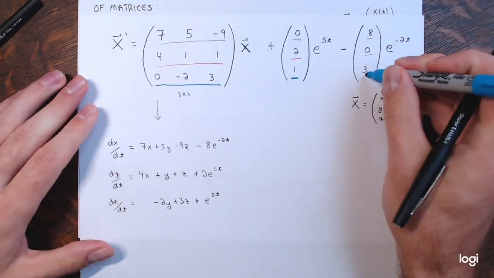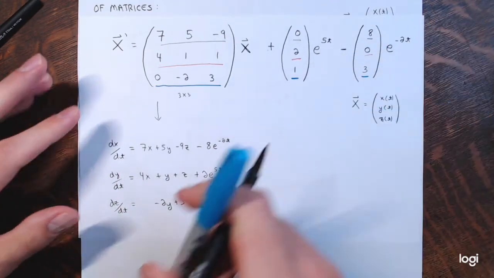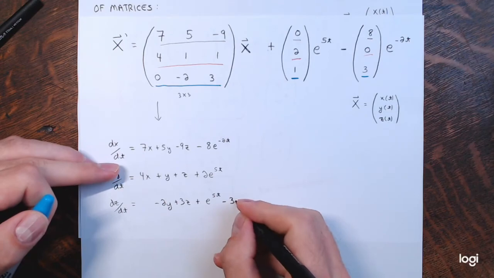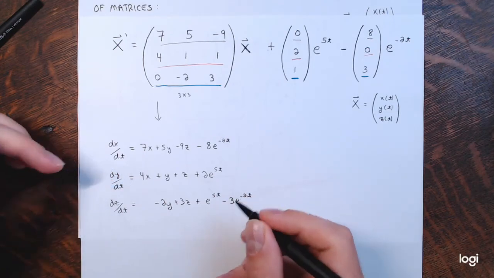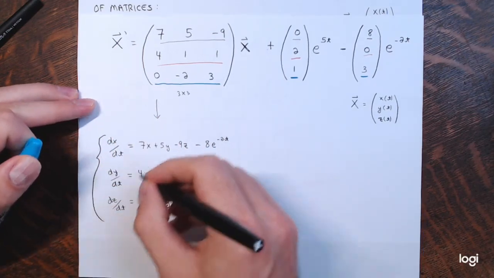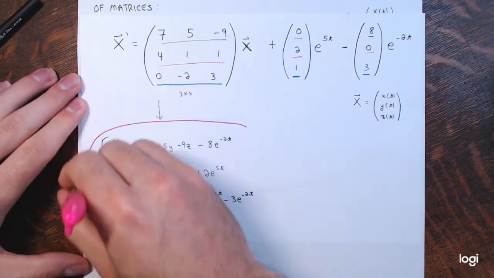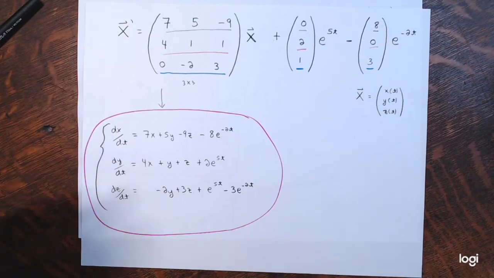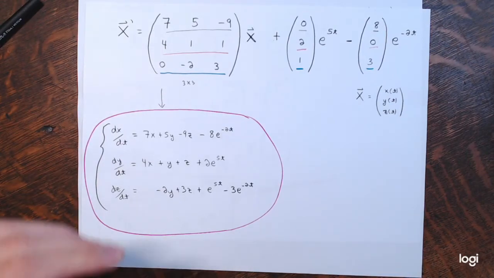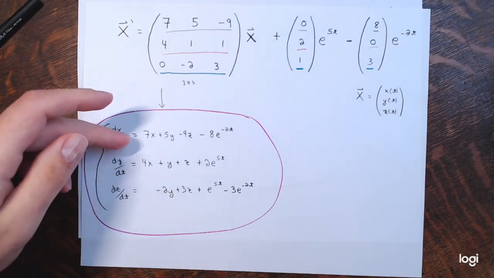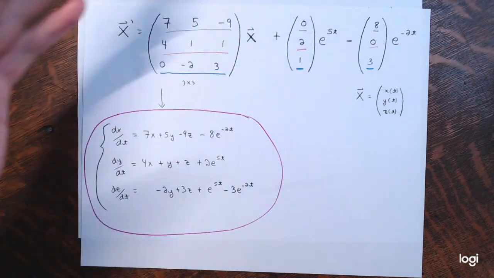And third row here, minus 3 e to the negative 2t. And there you go. Here's the same system. These mean exactly the same thing, only this one's written as 3 separate equations without matrices.